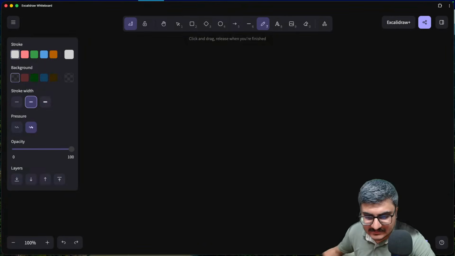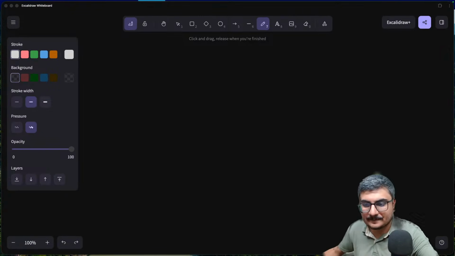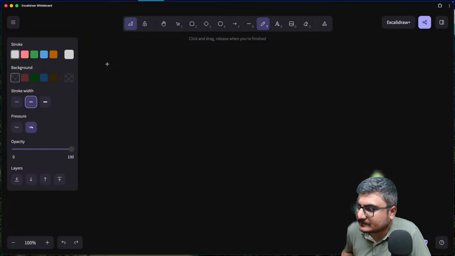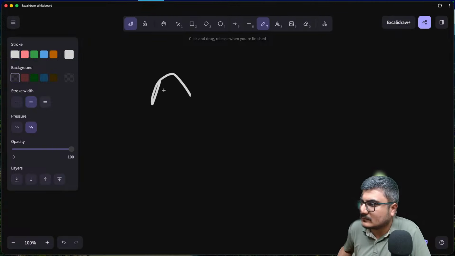Okay, I think let's see if we can get it working somehow. So the idea is as follows. Let's say we have an element A1 and B1.